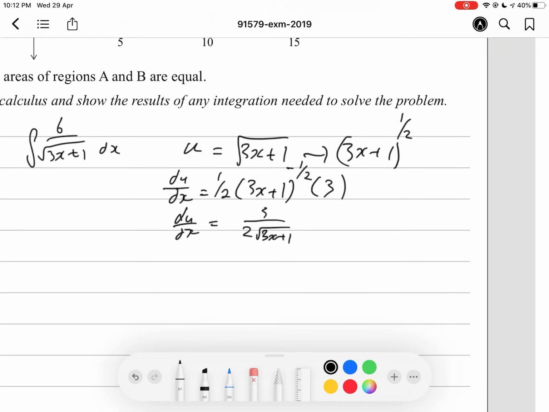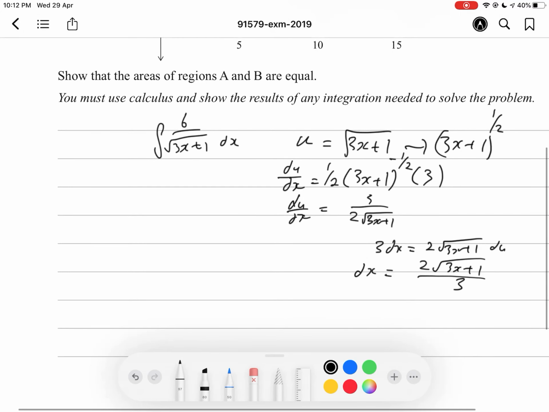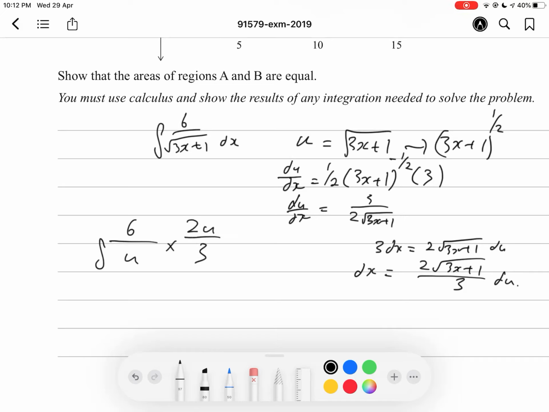And so now we need to rearrange for dx. So 3 dx equals 2 root 3x plus 1 du. I'm just cross multiplying. Therefore dx equals 2 root 3x plus 1 over 3. Alright, so now we can substitute dx back. So we have 6 over u multiplied by 2u over 3.